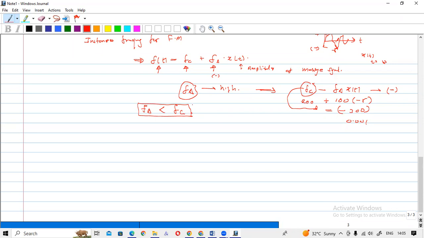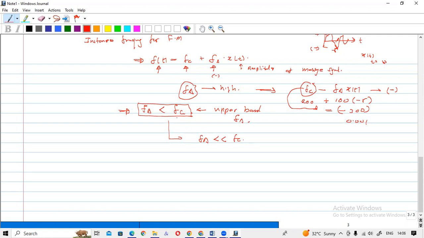This is the maximum value, and we call this the upper bound for f delta. That means f delta can get a maximum value of fc, but normally f delta should be very much less than fc.